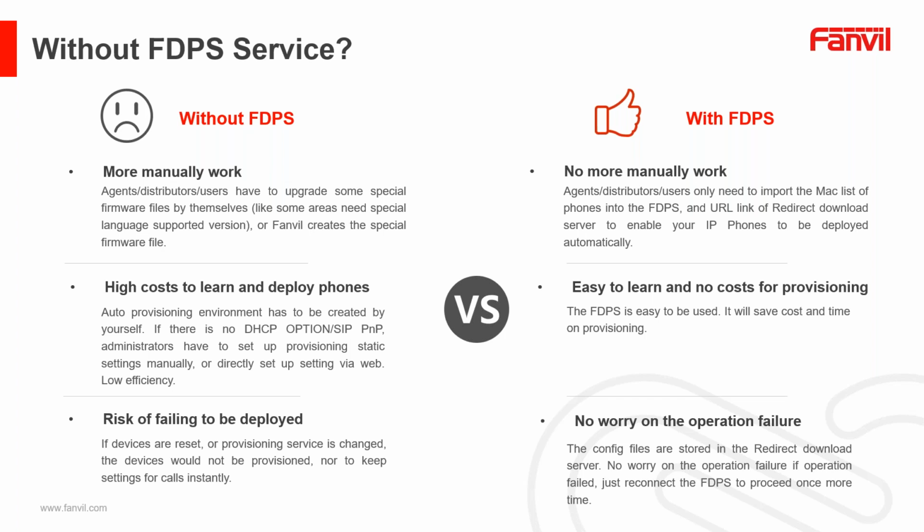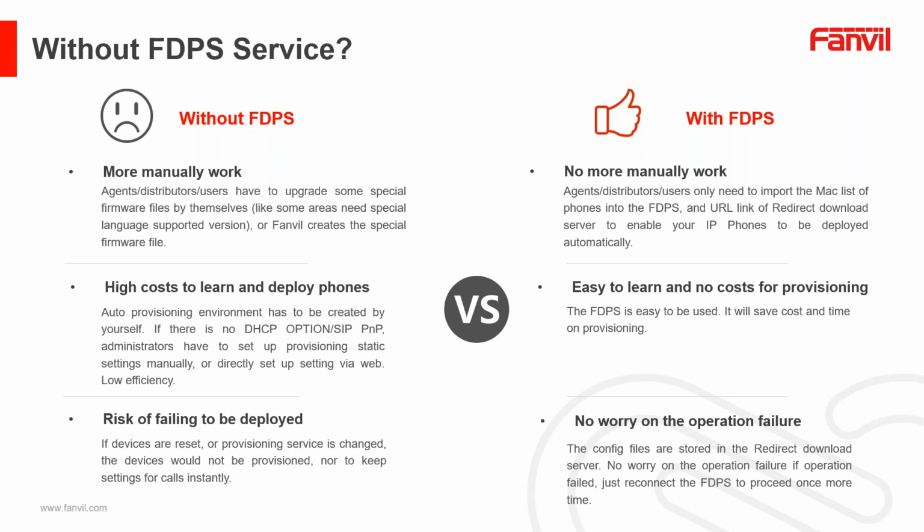And then there's also the static server setting, set manually for the IP phones, but it also needs the IP phone administrators to set up these phones before the static provisioning setting is available. It will be very inefficient.